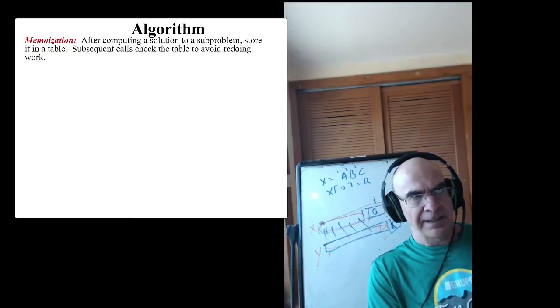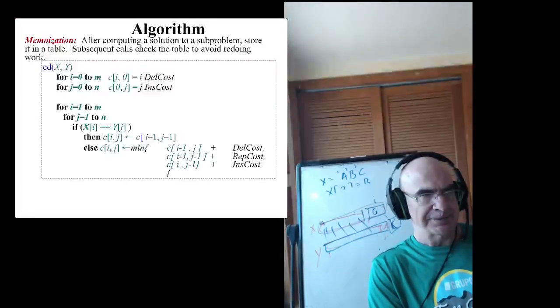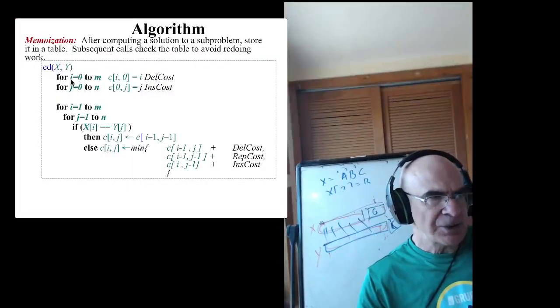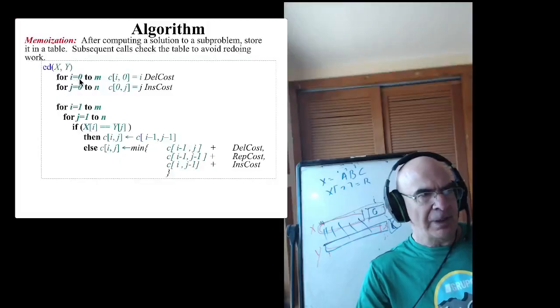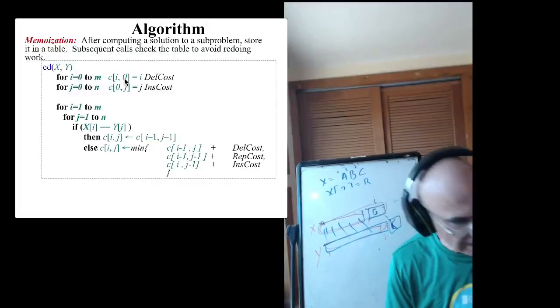And if we need this value, we just go to the right cell of the table and pull it up. And here is the algorithm. The initialization is a bit more interesting. For i going from 0 to m, c of i, comma 0 equals, let's think about it.